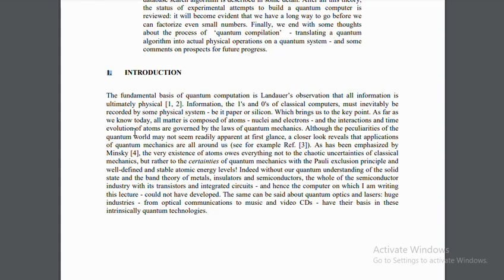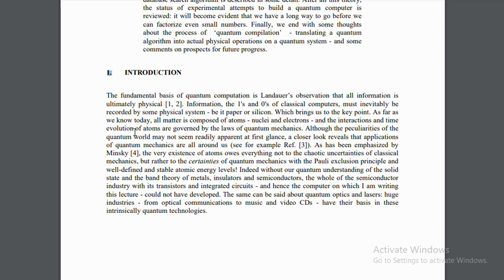So quantum mechanics, quantum physics, has taken birth, and after that, quantum computing. In quantum computing, quantum mechanics is used. Although the particulars of the quantum world may not seem readily apparent at first glance, a closer look reveals that the applications of quantum mechanics are all around us.